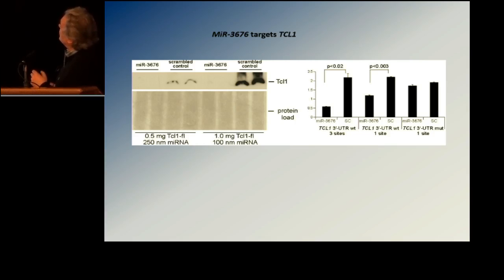So in this case, we transfected kidney cells with an expression vector for TCL1 and with miR3676 at different concentrations. And we observed that with miR3676, even at a very low concentration, we see a complete shutdown of the expression of TCL1. As I mentioned, this level of shutdown is very unusual for microRNA.